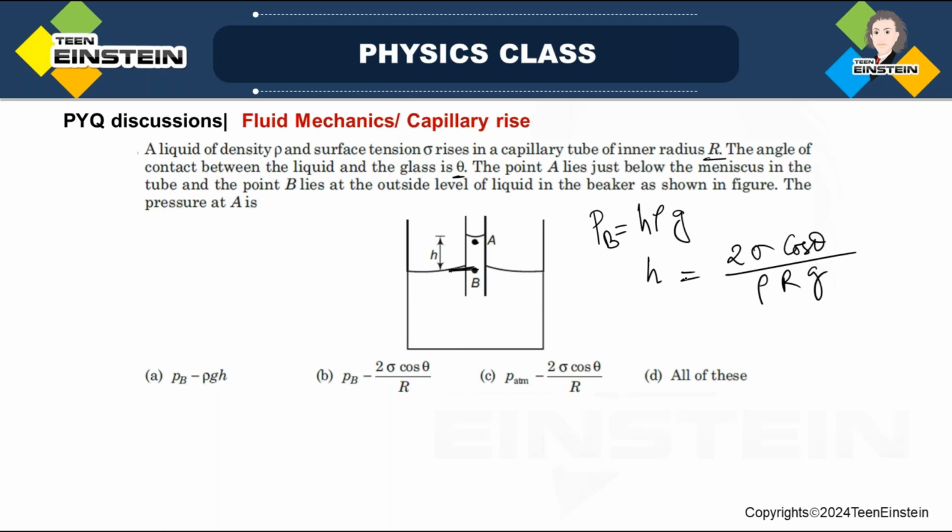So we have to find out the pressure at A, right? Actually, if we consider this point, here we have a certain excess pressure at the concave surface.